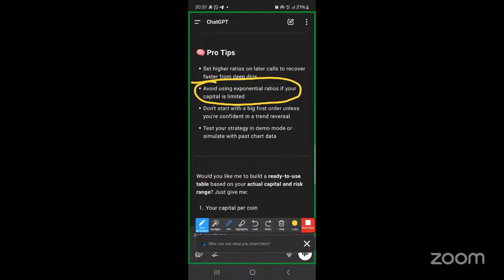Remember the exponential ratios? 1, 2, 4. If your capital is limited, avoid using exponential ratios. Don't start with big fast orders unless you are confident in a trend reversal. If you are not sure the market is going up, don't overexpose your capital.